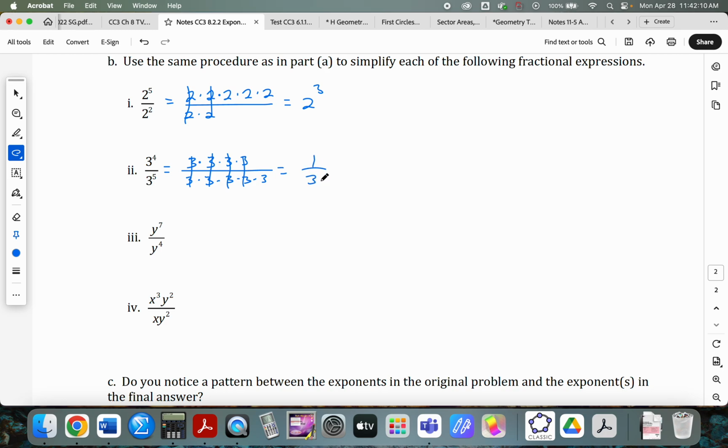It's 1/3. Now, if you want to say that it is 3 raised to the negative 1 power, that's okay. And we'll talk about negative exponents later. But it's just 1/3.